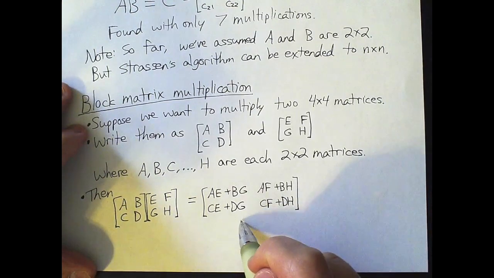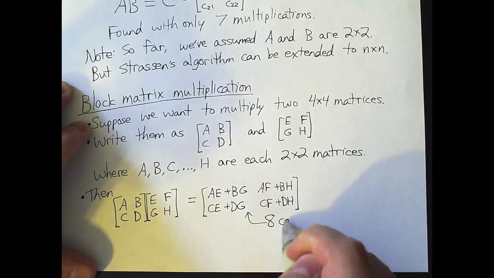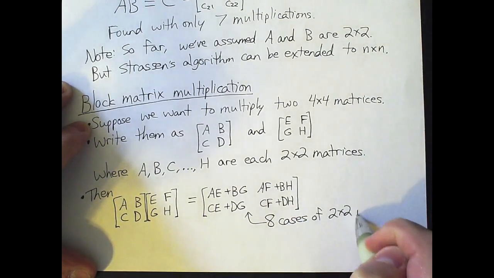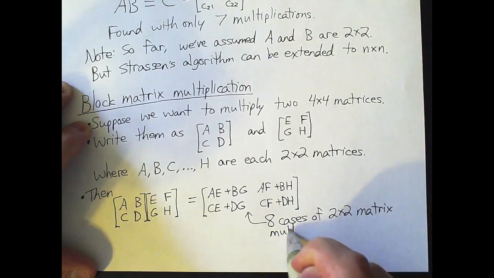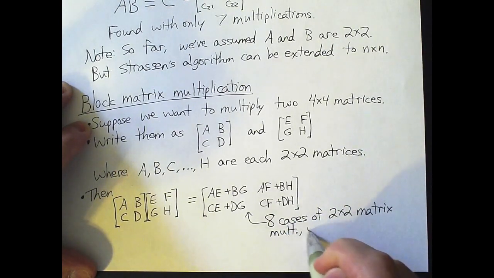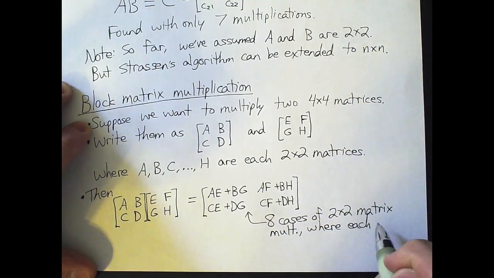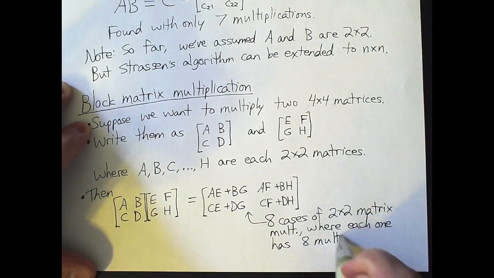So what's going on here? This has 8 cases of 2 by 2 matrix multiplication, I'm going to abbreviate that, where each one has 8 multiplications.